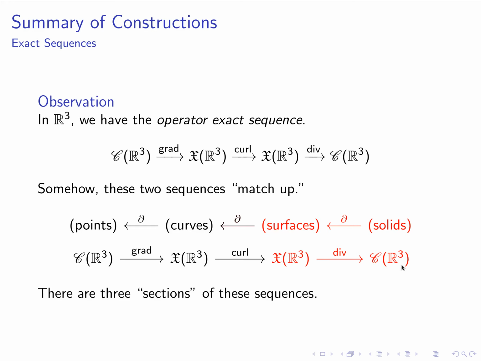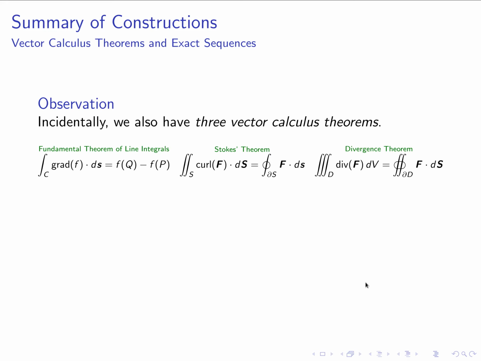So other than the fact that these line up nicely in the sense that I have a sequence with 4 nodes up top and a sequence with 4 nodes on bottom, how does this relate to the vector calculus theorems? Well, we have 3 vector calculus theorems. In the first vector calculus theorem we learned, we were studying the fundamental theorem of line integrals.